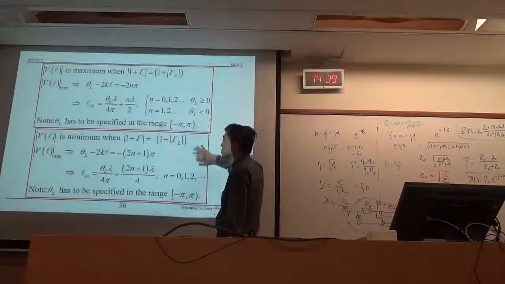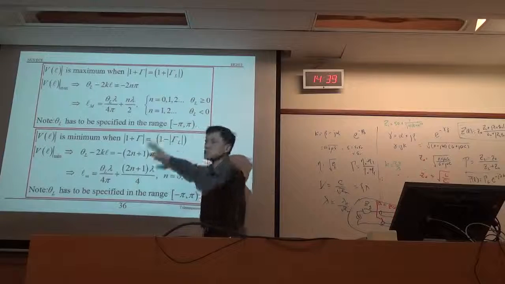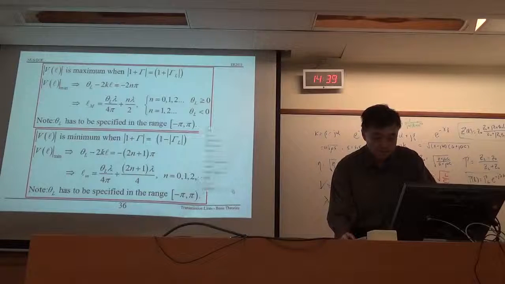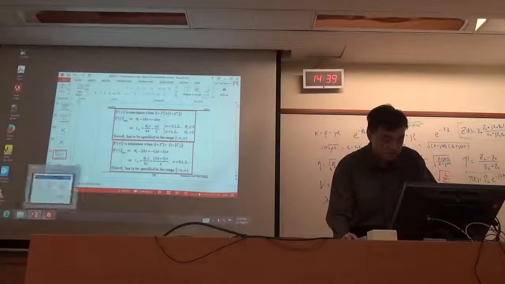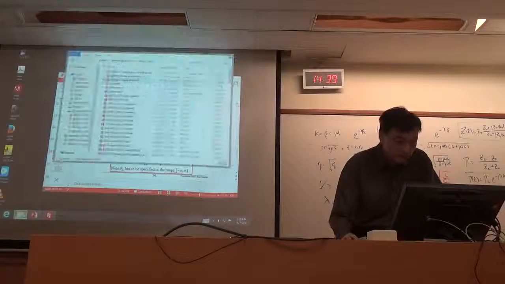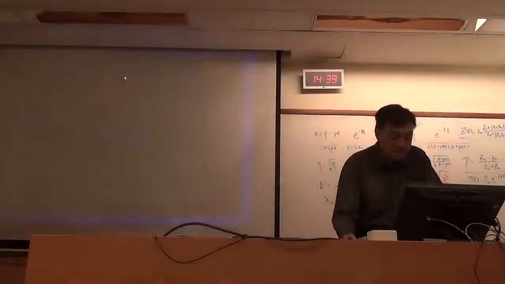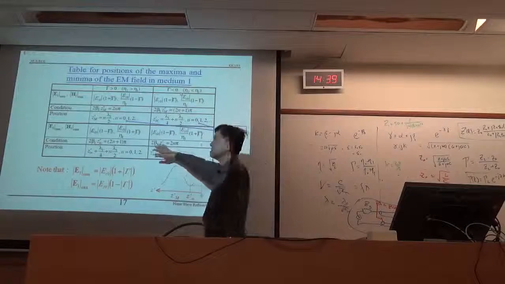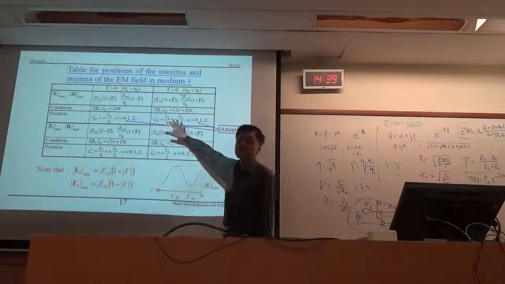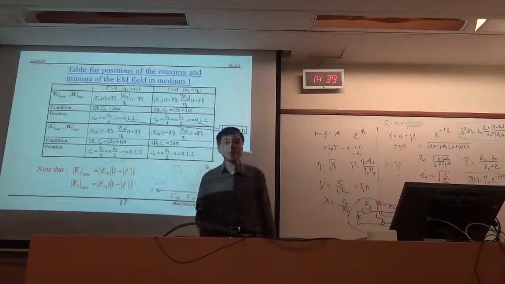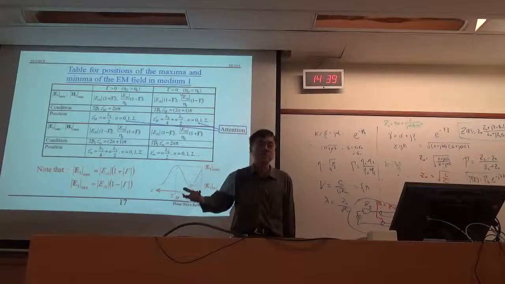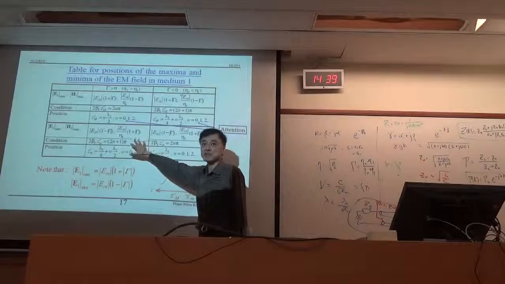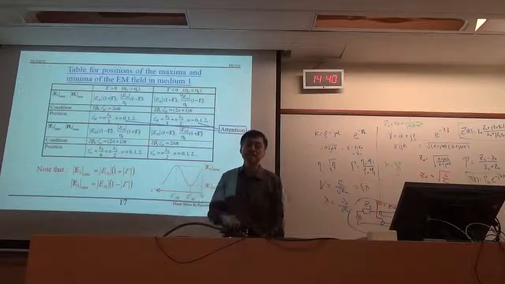Now we have these two sets. What is the difference between these two sets? This one you have learned previously in the plane wave reflection and transmission. The difference is that these two are actually a special case of the slide that we see here.